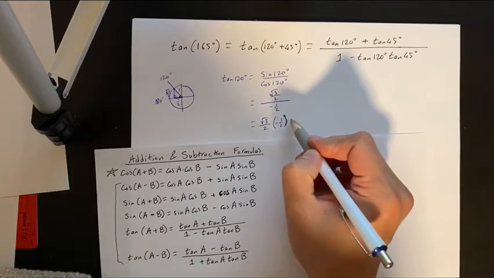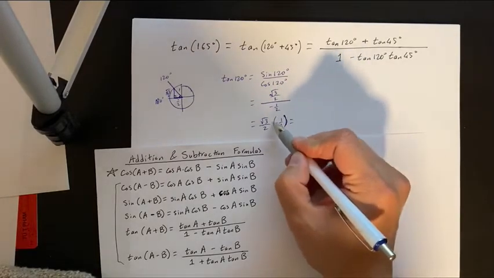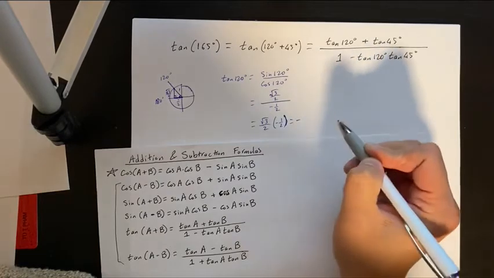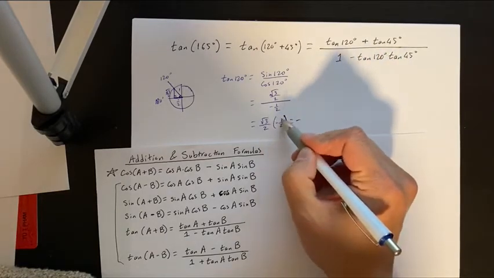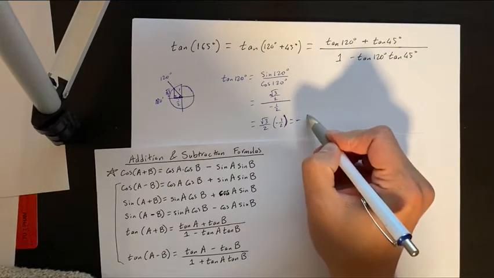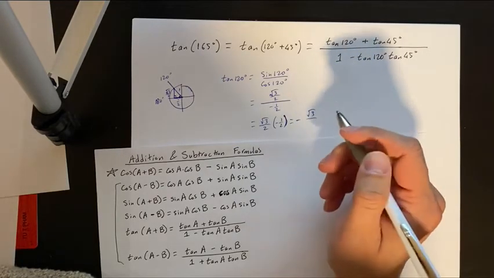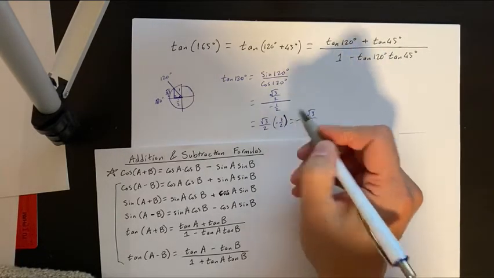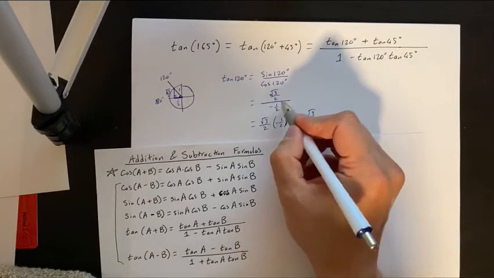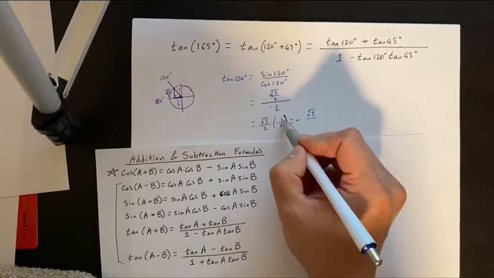So I'm going to put a parenthesis to clearly state that we're multiplying the two. So if you multiply, what do you get? A positive with a negative is a negative. You multiply top with top, that's root 3. Oops, sorry. Forgot to flip the fraction. If you divide by a fraction, you multiply by the reciprocal.